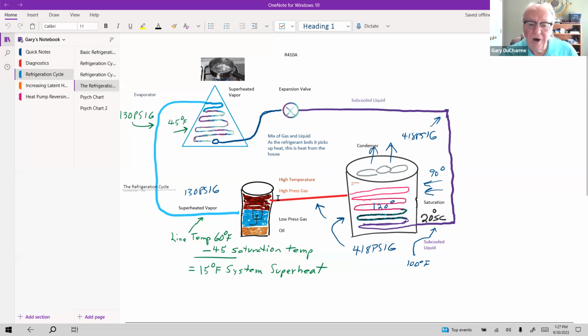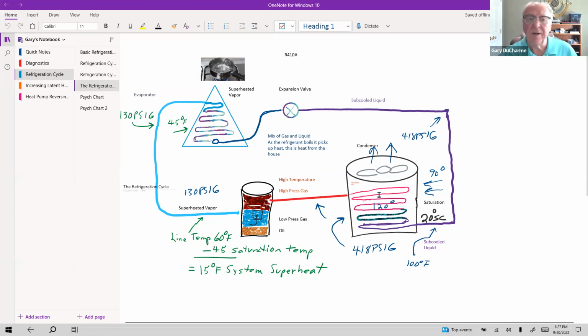So this is the highest temperature point of the system. You may have 180, 200 degrees here. You're not going to be putting your hand on the top of the discharge line coming out of this compressor, which will typically always be inside of the condenser here. So what happens in the first few rings of the condensing coil is we have superheated vapor coming in here.